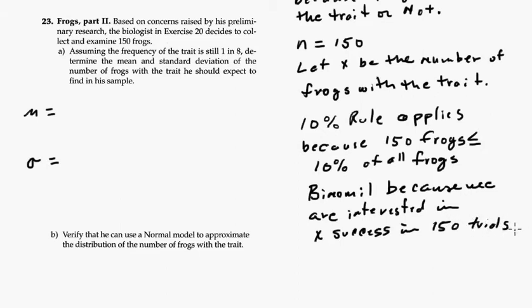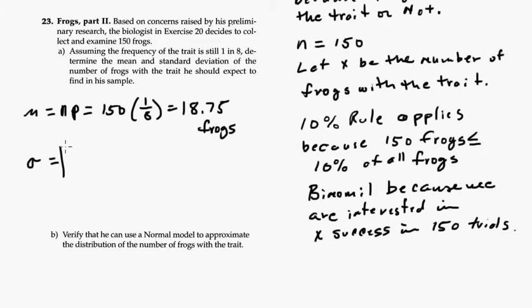With all these checks, we've justified using a binomial model, so now we can use the formula n times p to find the expected value. That's 150 times 1 over 8, which I believe is 18.75 frogs.